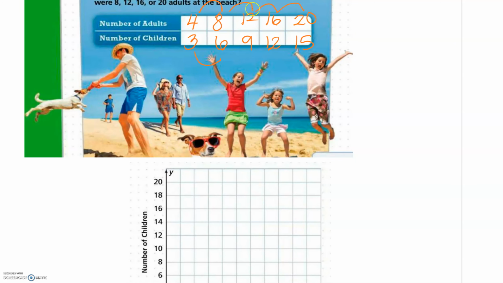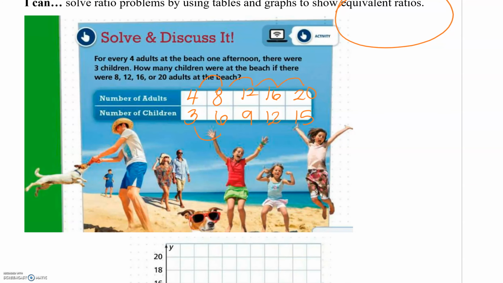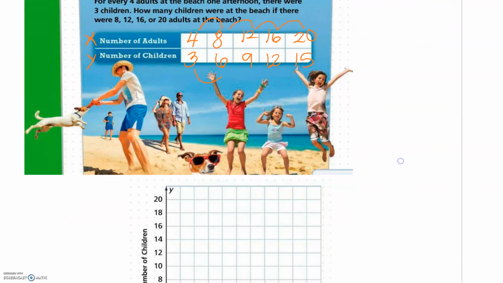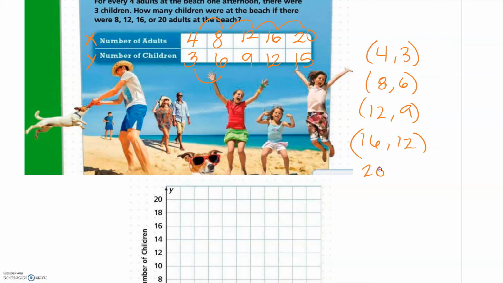You can also take this information here, and we talked about this last chapter, that the top variable is going to be your independent, to your dependent. So our x and our y, so our ordered pairs would be 4, 3, 8, 6, 12, 9, 16, 12, and then 20, 15.